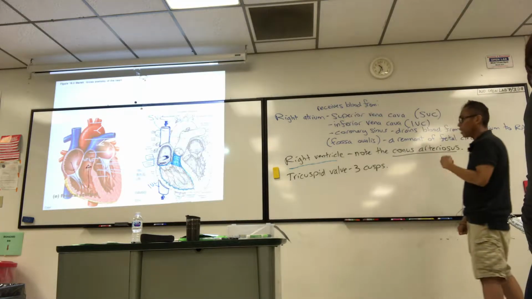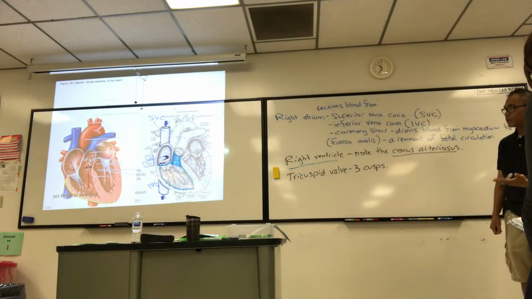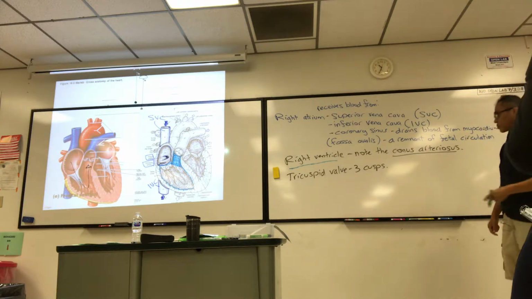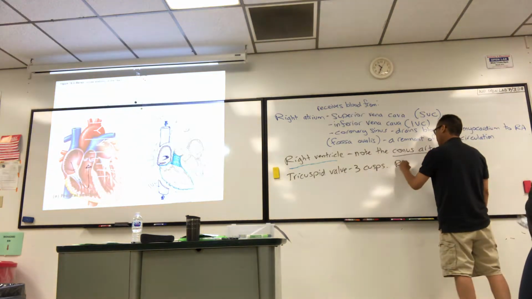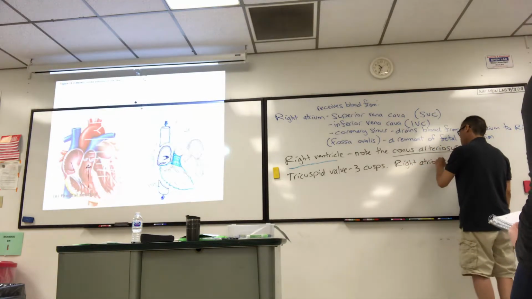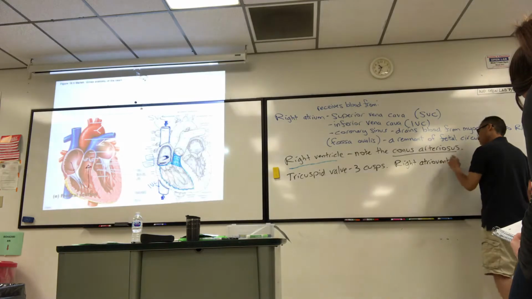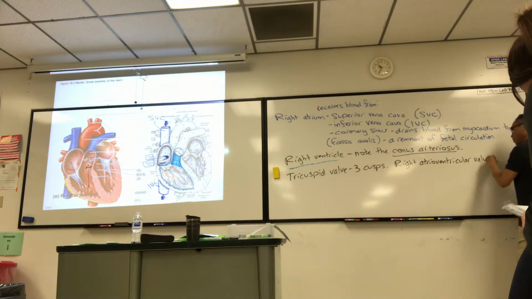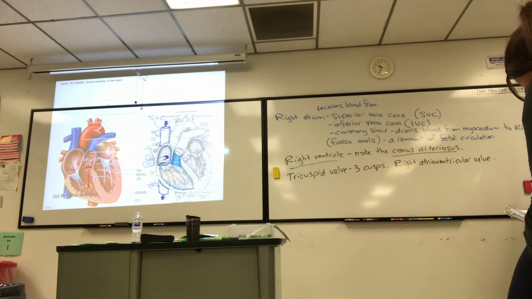Because it's on the right heart, you can also call it the right atrioventricular valve. That's another acceptable alternative, longer name. Right atrioventricular valve. So right AV valve, tricuspid valve, same things.